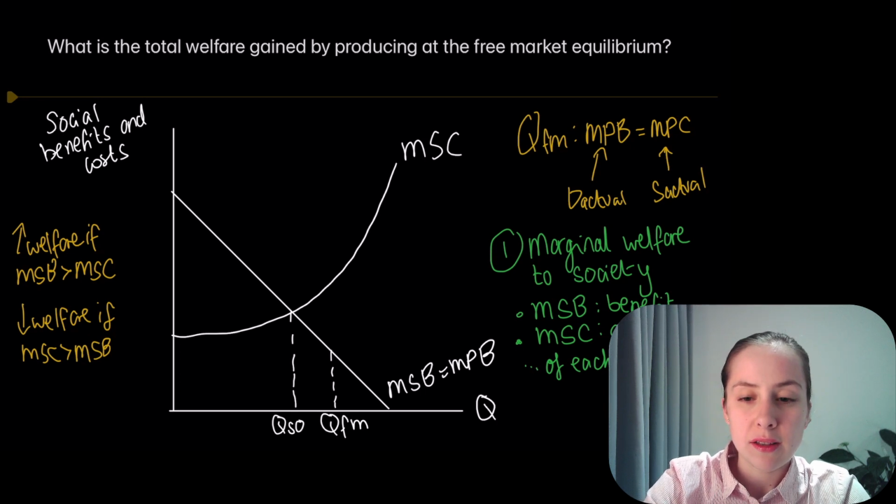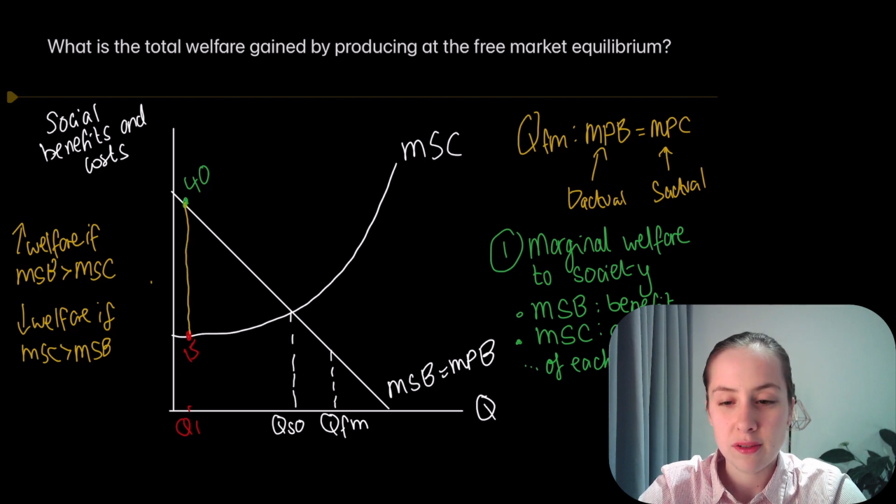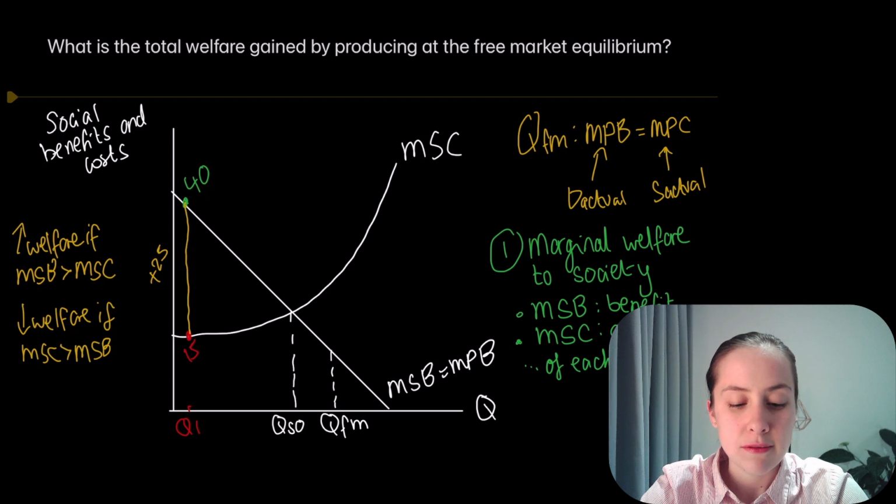Okay, so let's take a look at this unit by unit to make this really easy. So this first unit, let's call it just Q1. This one had a cost to society of this much, but it had a benefit to society of this much. Maybe I can add some numbers to make this more clear. Maybe this one is like a 40, and this one looks like maybe a 15. So Q1 has added 25 points of welfare to society. Let's repeat it for Q2.